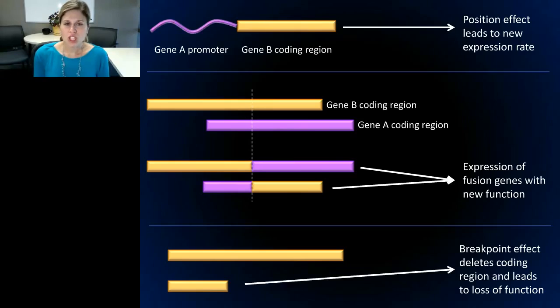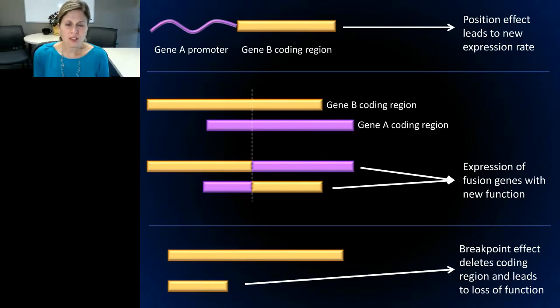The promoter for gene A may be a highly active promoter with enhancer sequences bound by activator proteins that push transcription at a much faster rate than gene B is supposed to have.